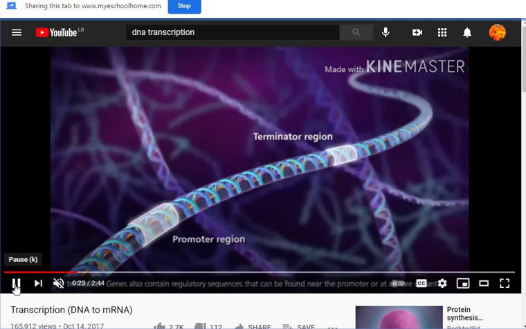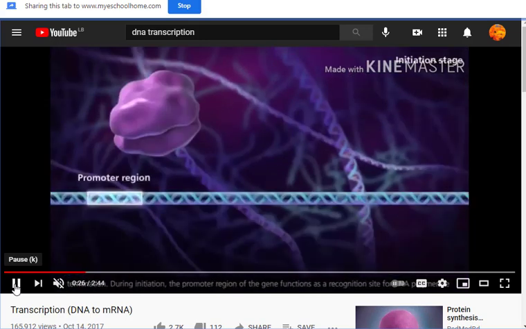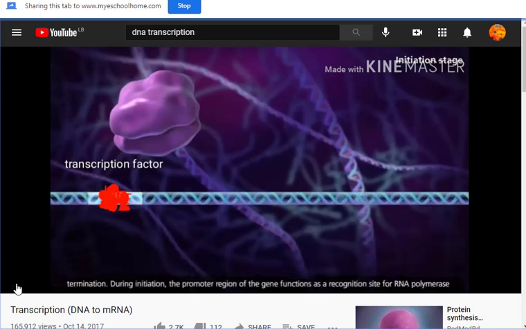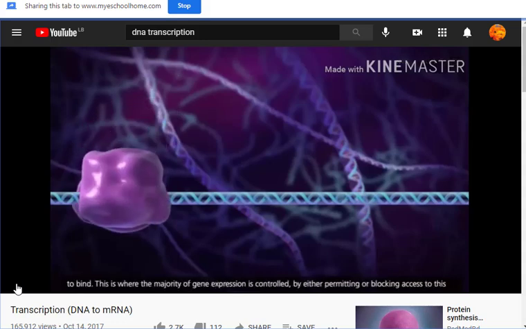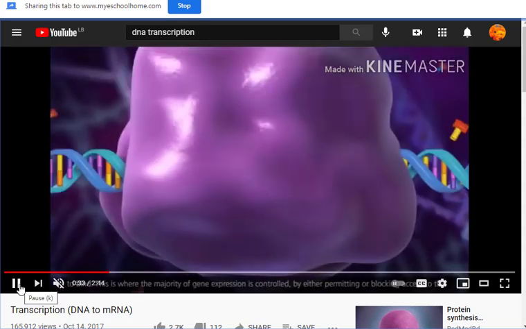In any letter you write, you have the title and you have your signature at the end. Now, the large pink structure here is the RNA polymerase, the one that reads the DNA and copies it.